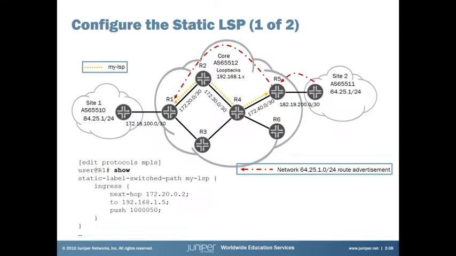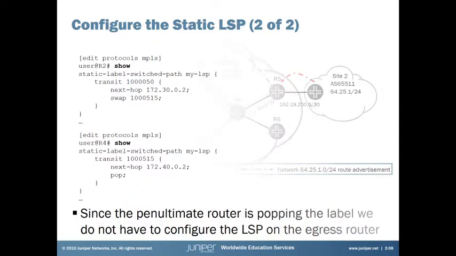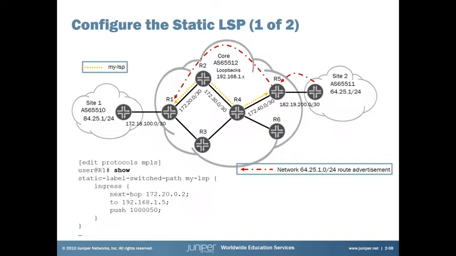We'll get that lab done. We'll go in, set up our protocols, and set up a label switch path across these routers. We'll have to set up our ingress router, which is probably back in the previous step. We'll set up our ingress router here. That's our configuration on that slide. Then we'll set up our transit routers.